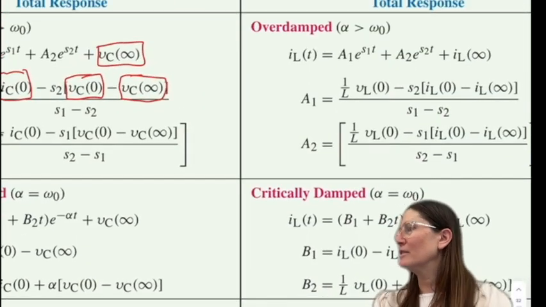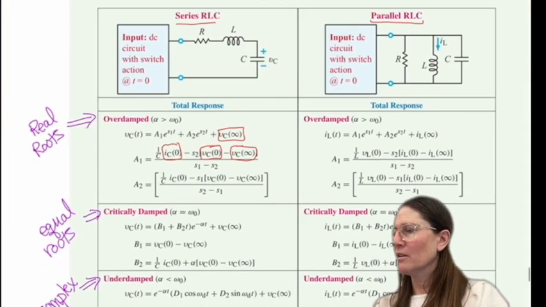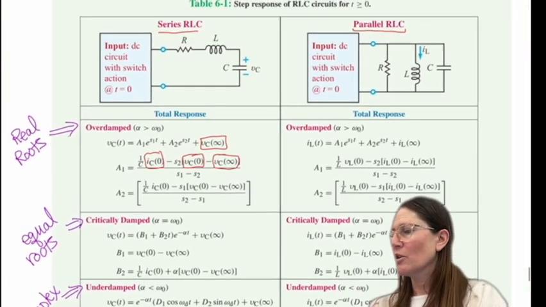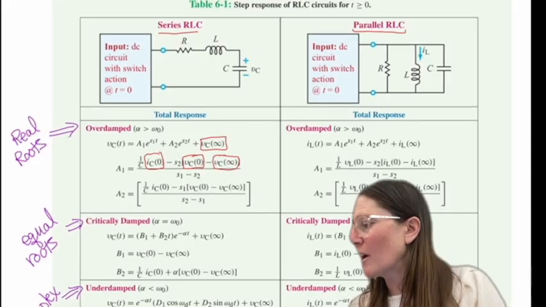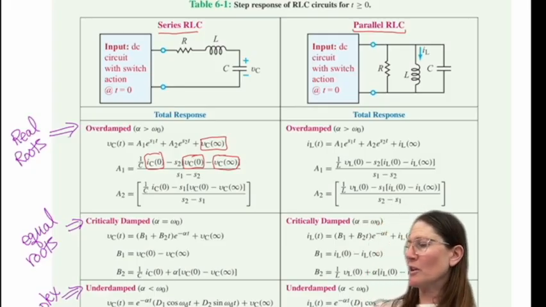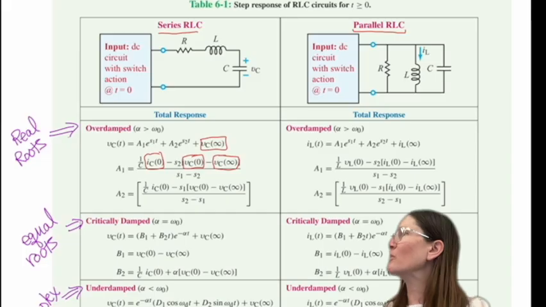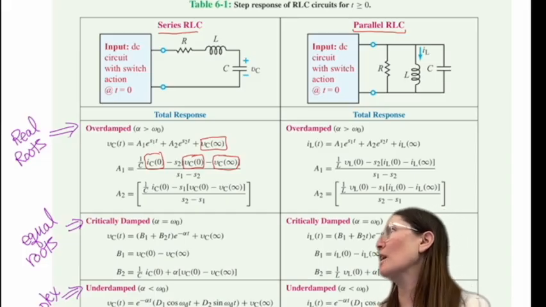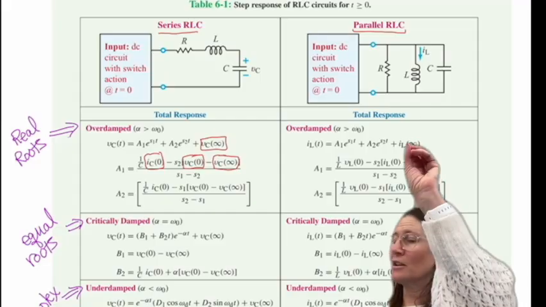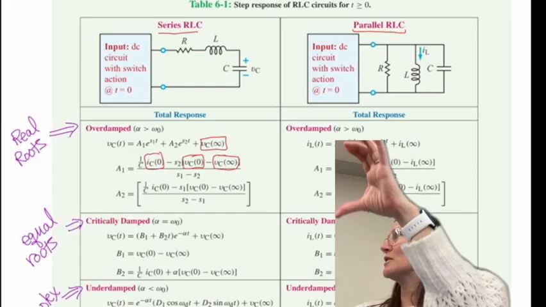In the table, why is the series only calculating voltage, while the parallel is calculating current? With the parallel circuit, when we solved them, it was because we had the differential equation for the I of L. And in the series one, we did it for the voltage.